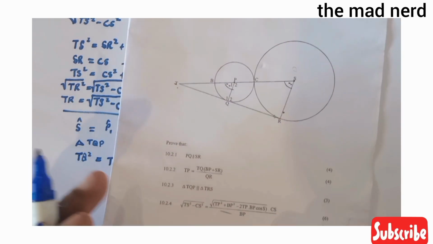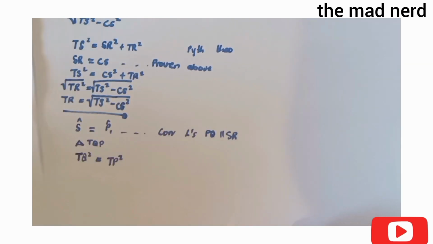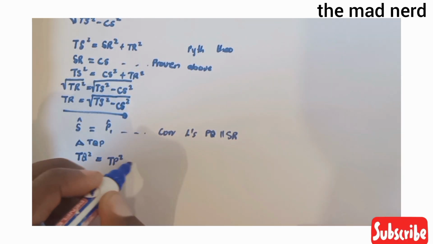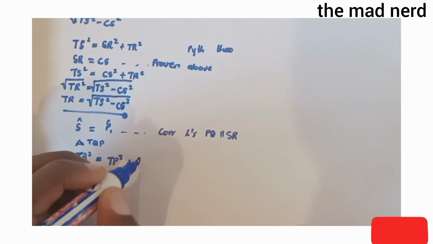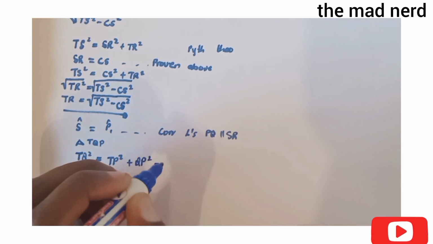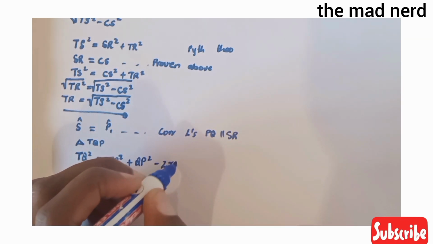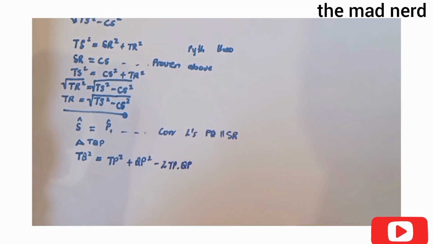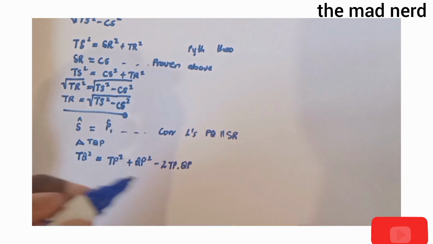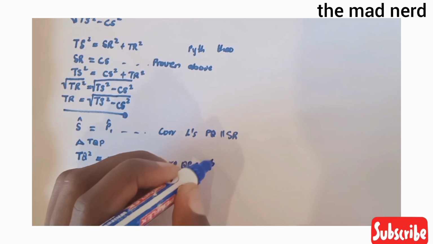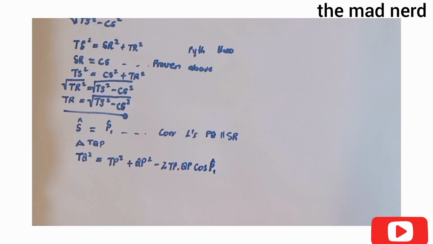So TQ squared is equal to TP squared plus QP squared minus 2 times TP times QP times cos angle P1. So this is the cosine rule that we've used over here.